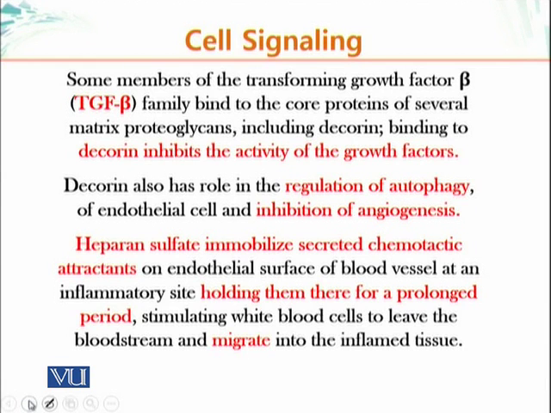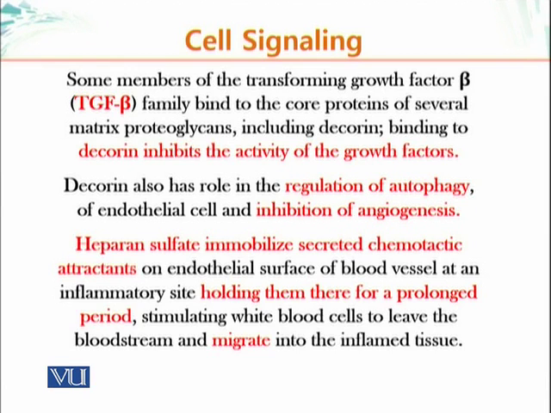Heparan sulfate, which is present, for example, on the surface of endothelial cells, immobilizes secreted chemotactic attractants, which are molecules that attract specific cells, on the endothelial surface of the blood vessel at a site where inflammation or injury has taken place. It will hold these molecules there long enough so white blood cells can come and recognize that there has been inflammation or that they are needed there.